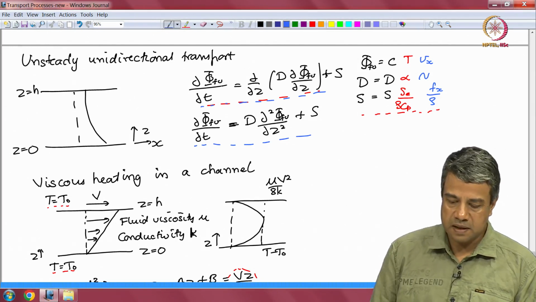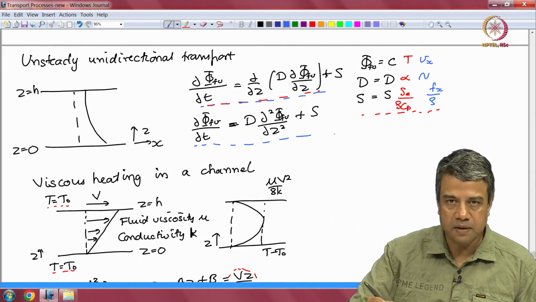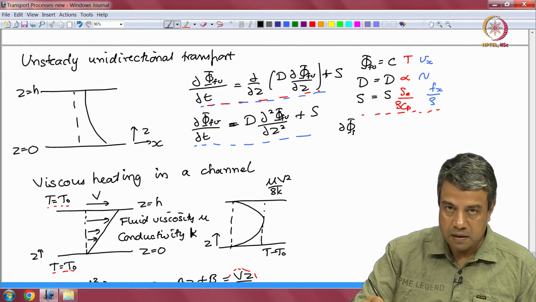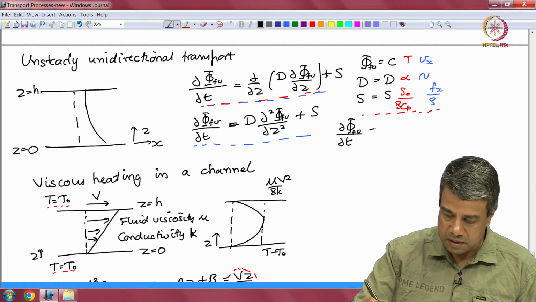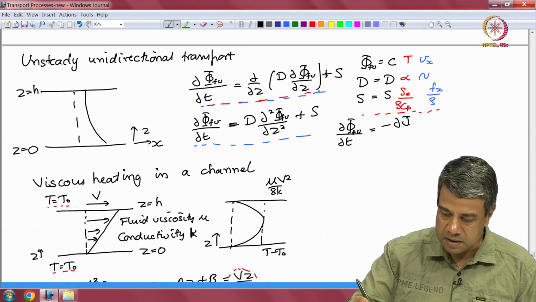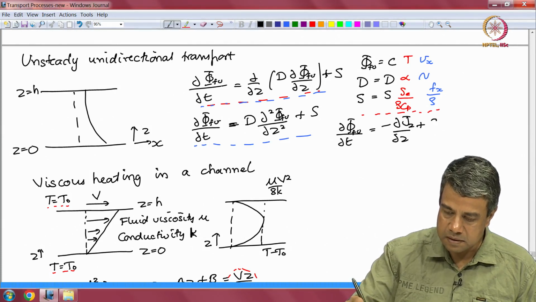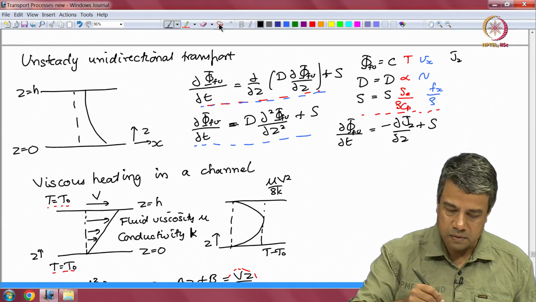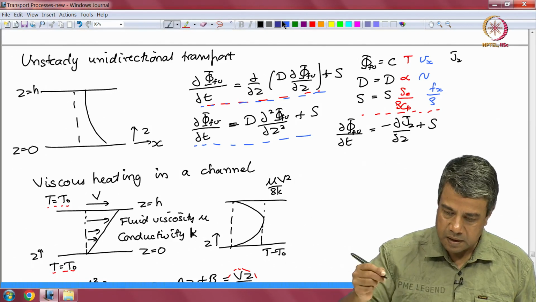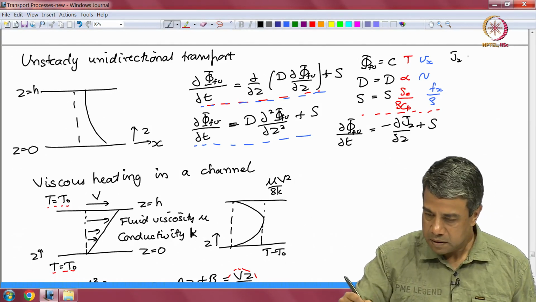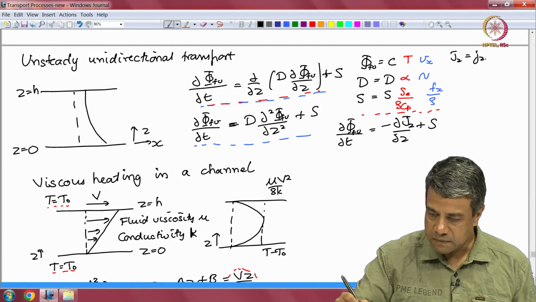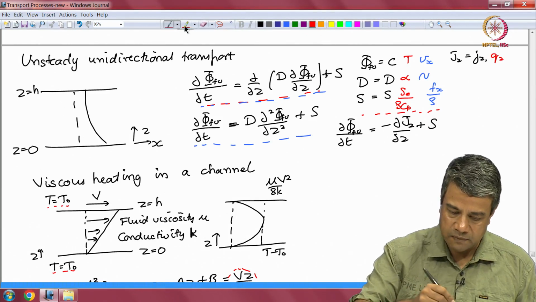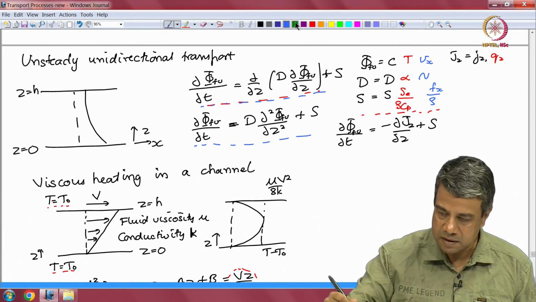The equivalent equation for the flux is partial of phi by partial t is equal to minus partial Jz by partial z plus source, where Jz is either the mass flux, the heat flux or the momentum flux, which is the negative of the shear stress.